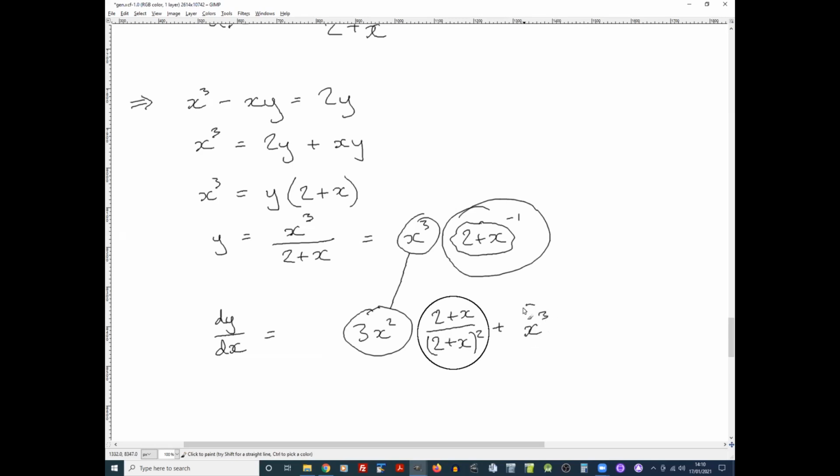Yes, good. Times minus 2x plus x to the minus 2. Yeah, so it's minus 1 over the square, really, isn't it? Power of minus 2, that's what that means. And then don't forget the inner function.